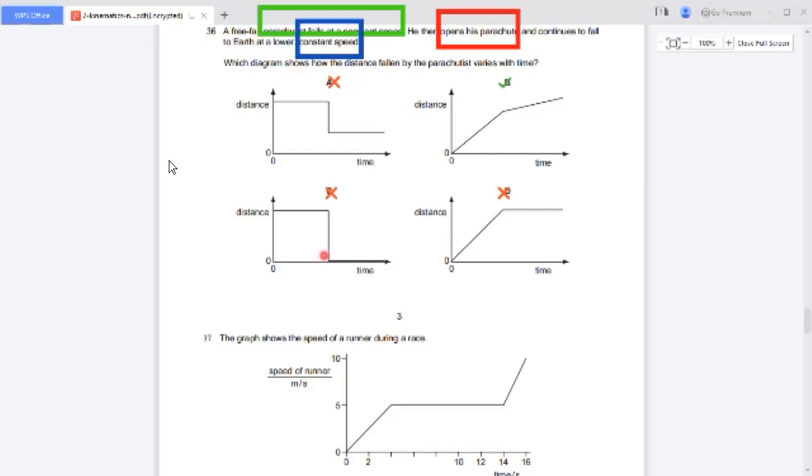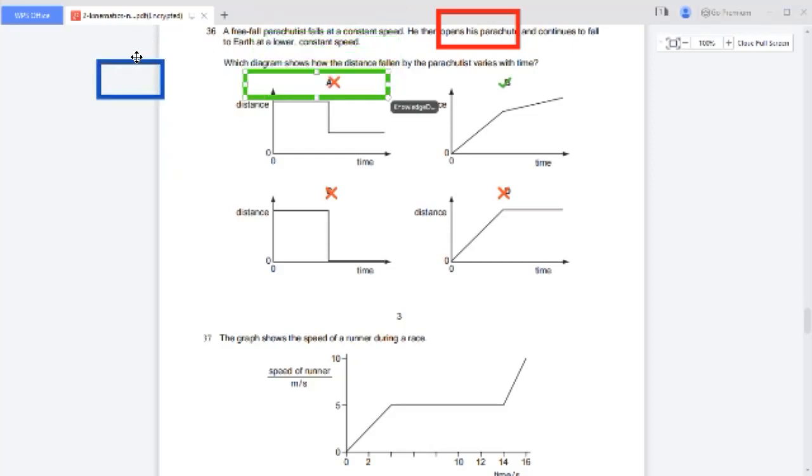The question says a parachutist falls at a constant speed. So let's consider the first part. If we calculate the gradient of this portion of the graph, it will give us a uniform speed.